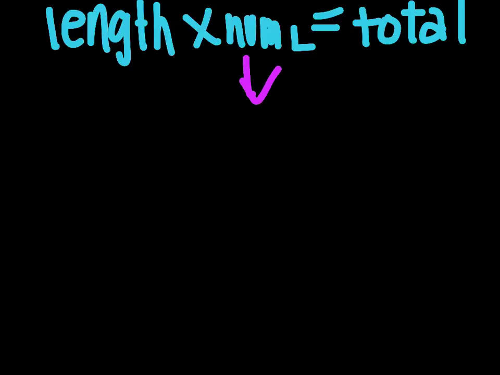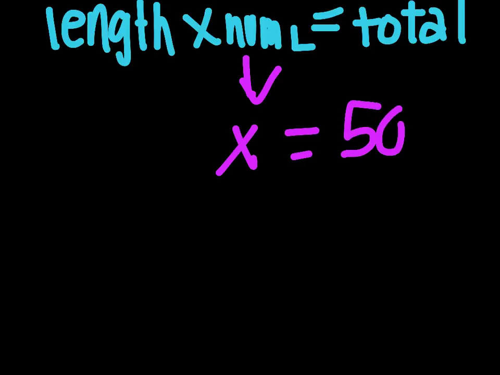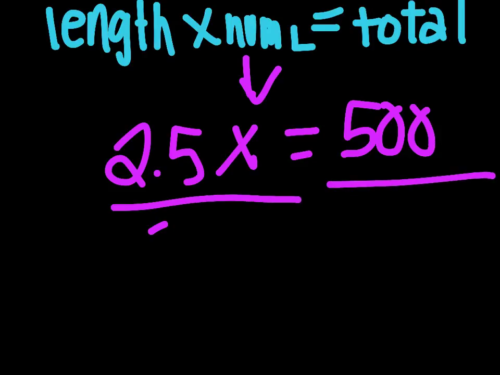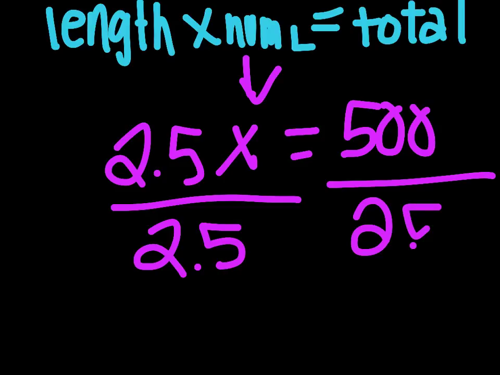So we're going to put x as the number of laps, and we knew the total is 500, and then the length was 2.5. Then when you divide 500 by 2.5, you'll get your answer. x equals whatever 500 divided by 2.5 is.